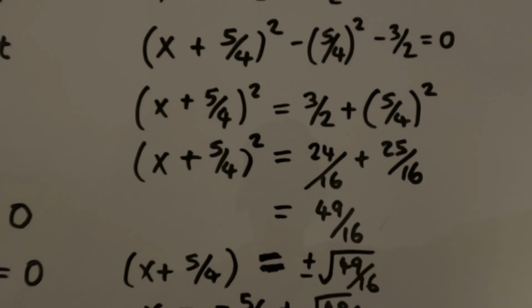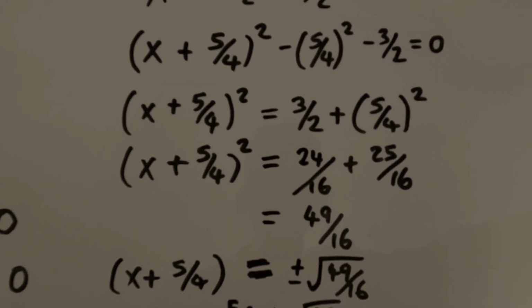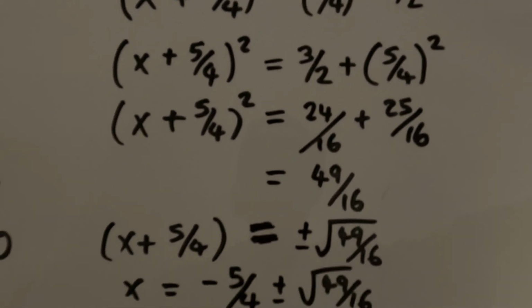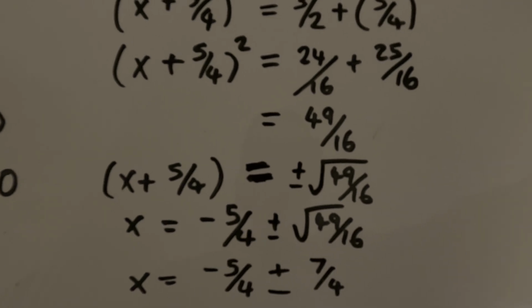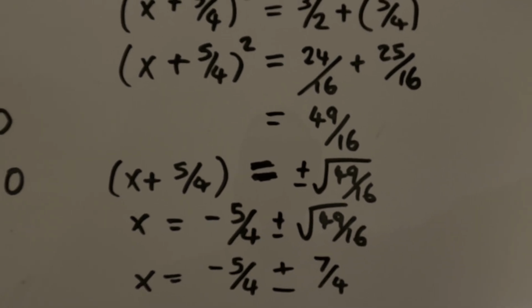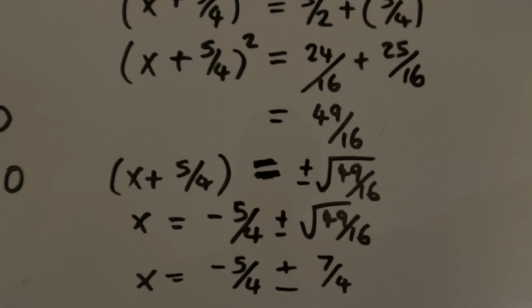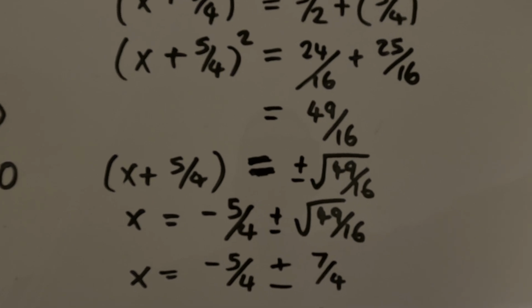So x plus 5 over 4 is equal to plus or minus the square root of 49 over 16. Just take square roots. And 49 and 16 are nice numbers, they're square numbers, so that simplifies very nicely. So x is equal to minus 5 over 4 plus or minus 7 over 4.